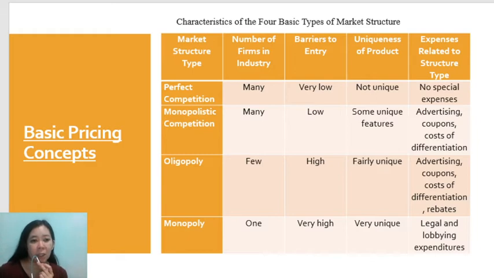Again, as you could notice, this is just a short review of your economics, the basic concepts that also play an important role in the role of price in the market.